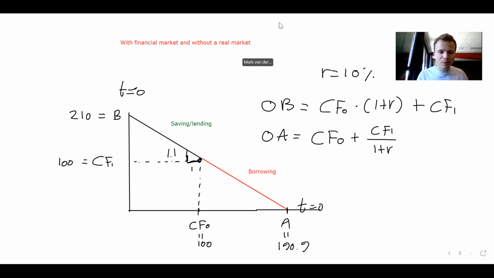So now I hope you know what the CF stands for, the CF0, the CF1. I hope you know what the A and the B stand for. And notice this really important relationship, because the slope of this line is 1 plus R. It means that if you multiply A by 1 plus R, you get the B, because the slope is 1 plus R. So you can take your calculator, and you can say OA times 1 plus R. You can try it. That should give you the OB.